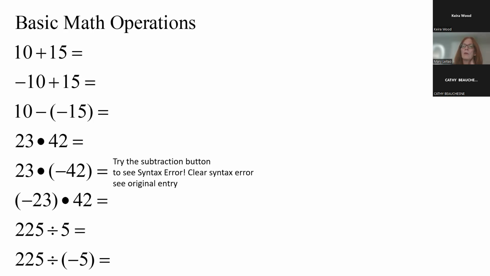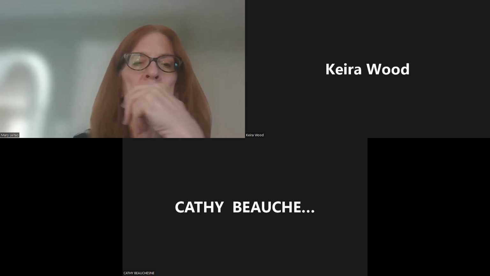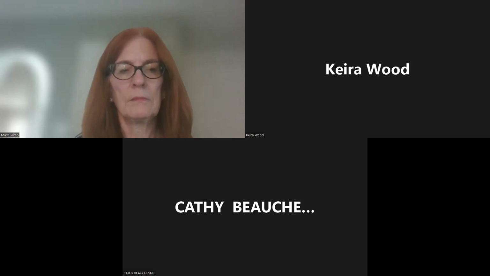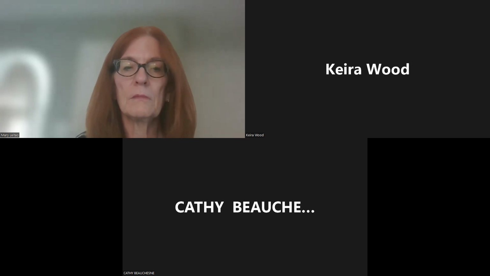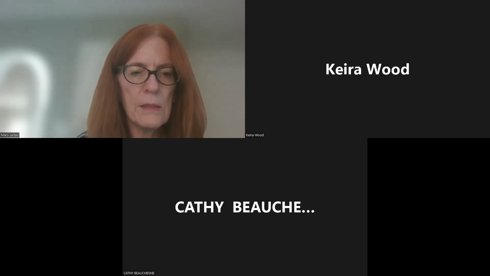I'm going to stop sharing. And let me try that again. Have you tried sharing screen rather than a single window? Well, I practiced this and it was actually working when I shared.